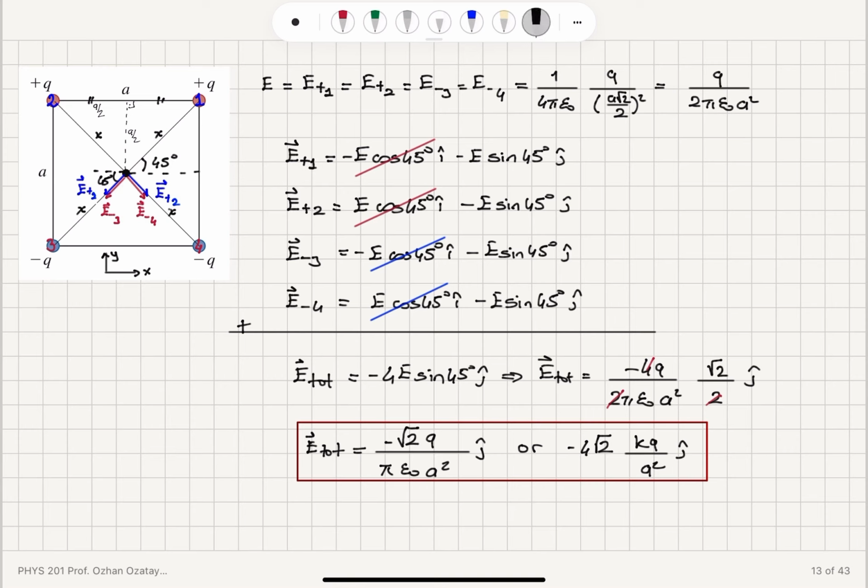And what is the direction? The direction of the electric field is downward. So that's going to be the direction of the electric field at the center point.